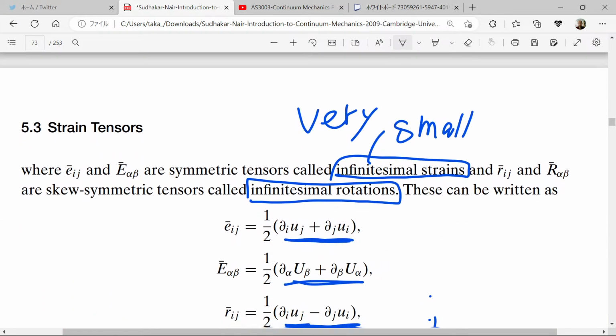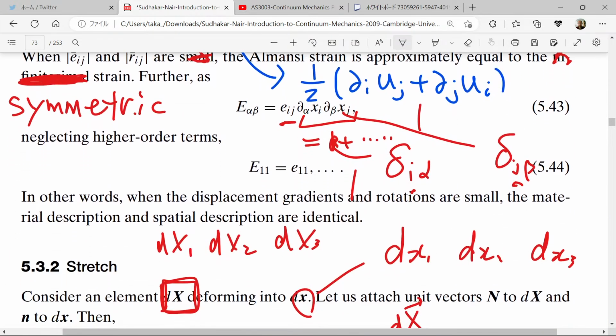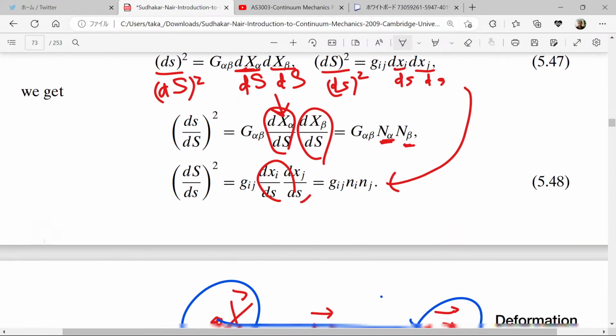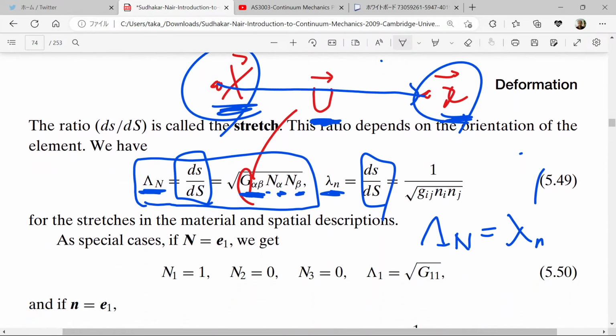Stretch, stretch, stretch. Only the direction is different. No?